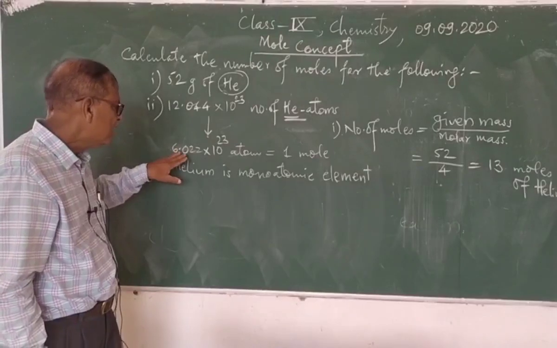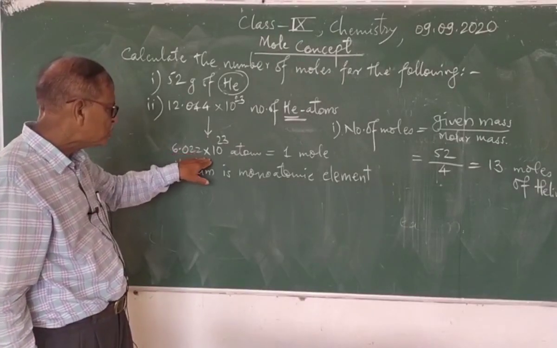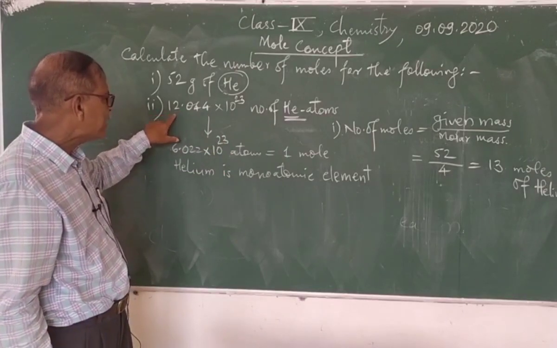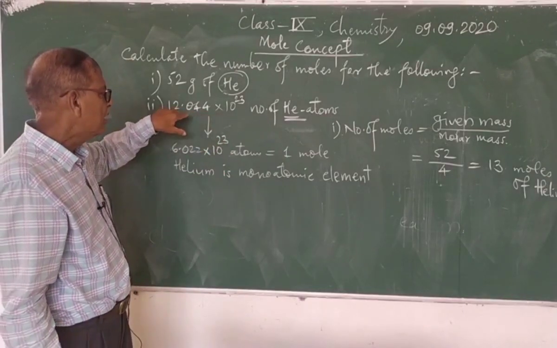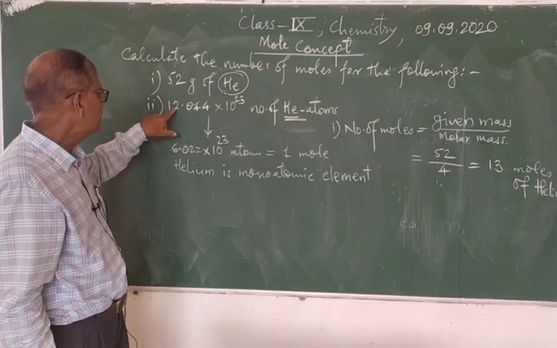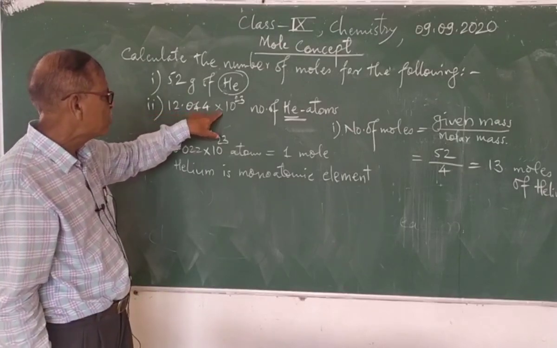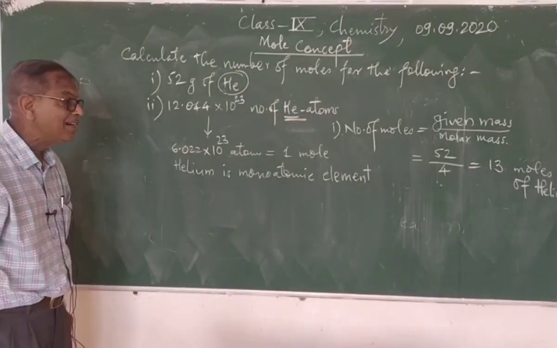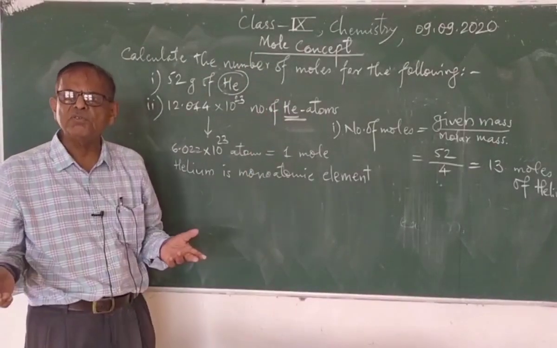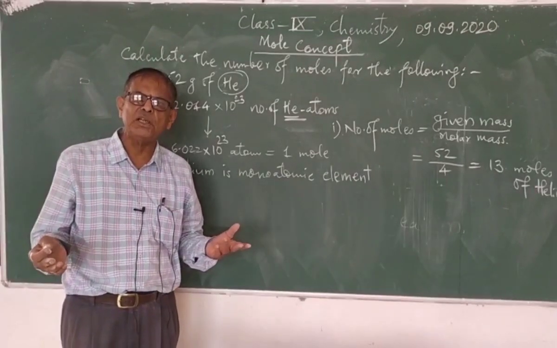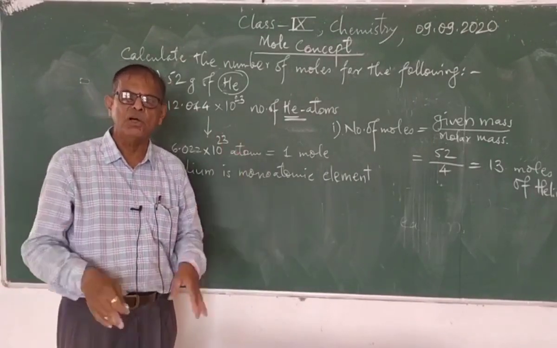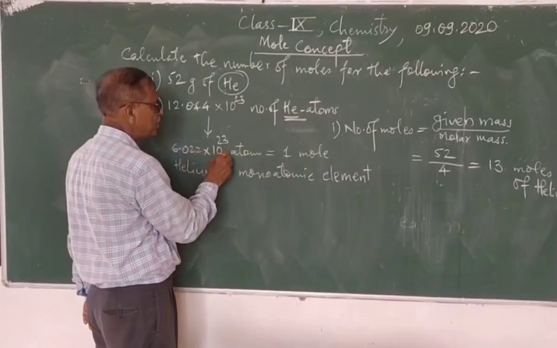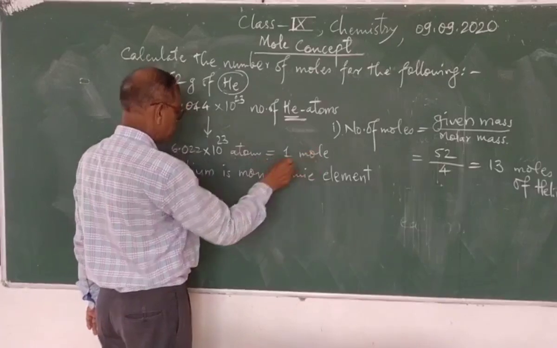Here you are asked to find the number of moles of 12.044 into 10 raised to power 23 helium atoms. Now you know 1 mole is equal to 6.022 into 10 to the power 23 atoms or molecules, as for helium, and 6.022 into 10 to the power 23 atoms is equal to 1 mole.